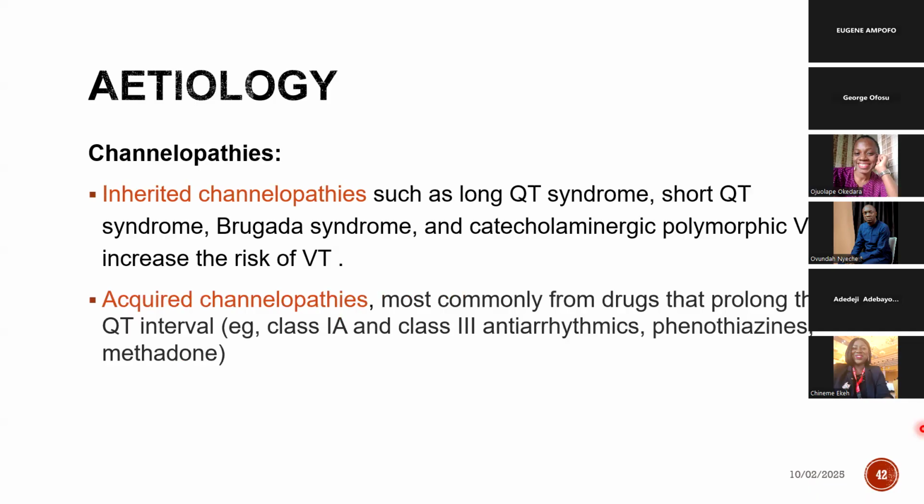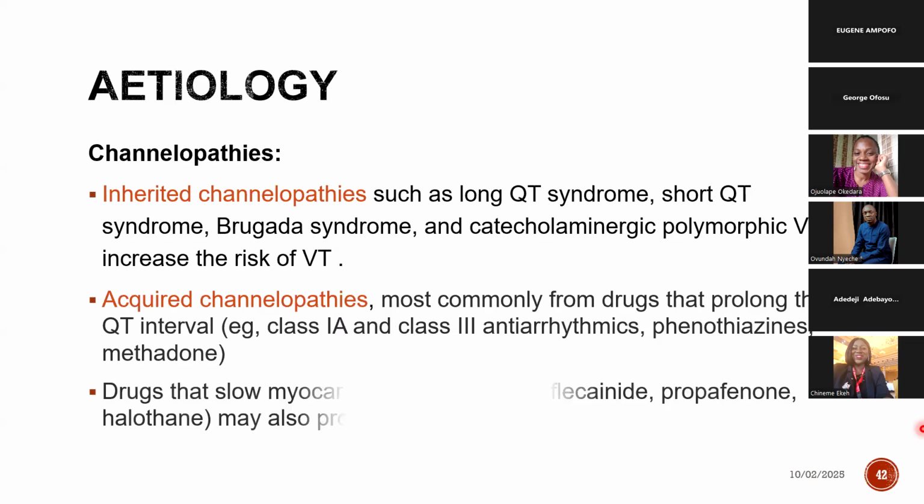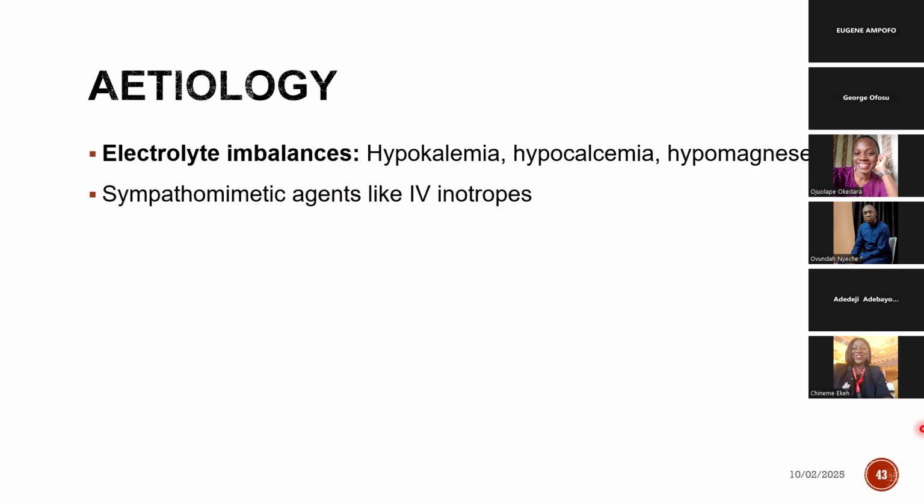And acquired channelopathies, most commonly from drugs that prolong the QT, examples being class 1A and class 3 antiarrhythmic drugs, phenothiazines, and methadone, are all important causes of ventricular tachycardia. And drugs that slow myocardial conduction, such as flecainide, propafenone, and halothane, can also promote re-entrant ventricular tachycardia.